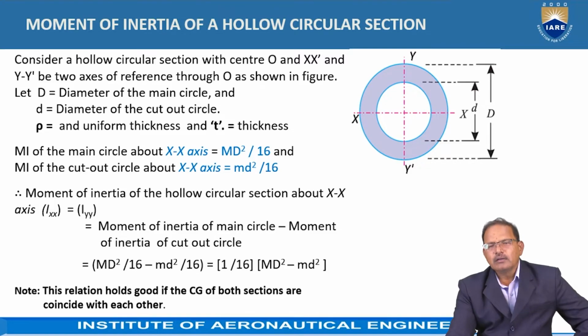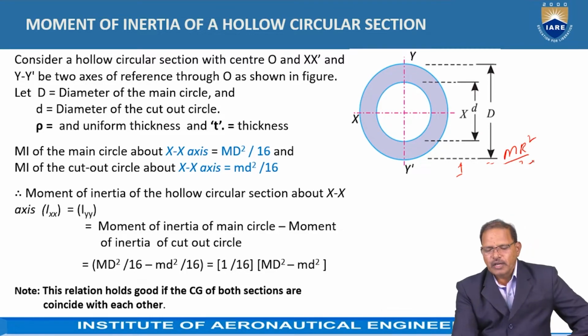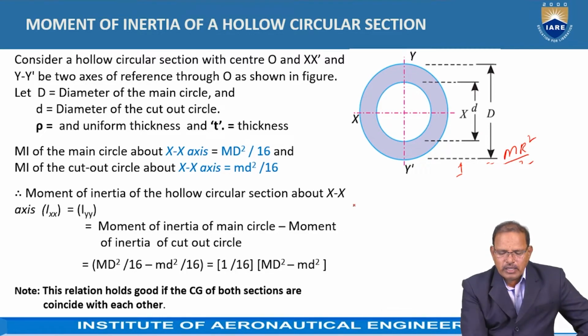According to the fundamentals of the previous equations, Izz is equal to m r square by 2. Ixx is equal to Izz by 2, that is m r square divided by 4.